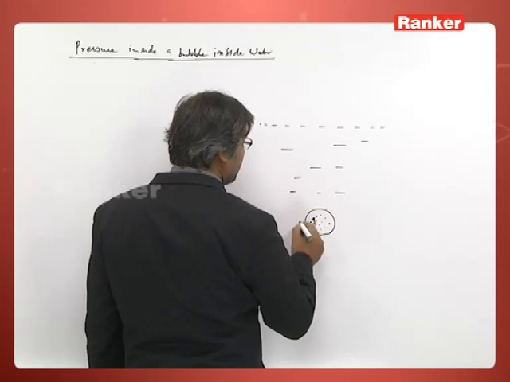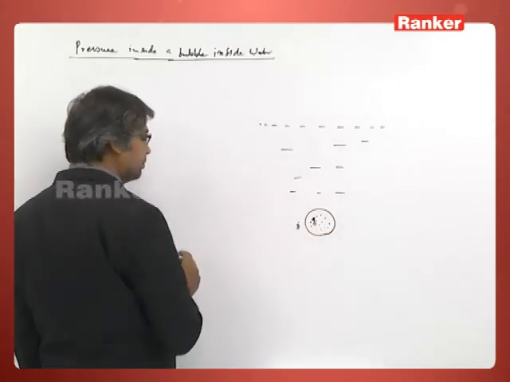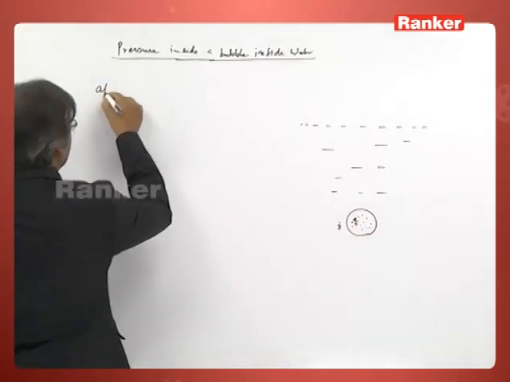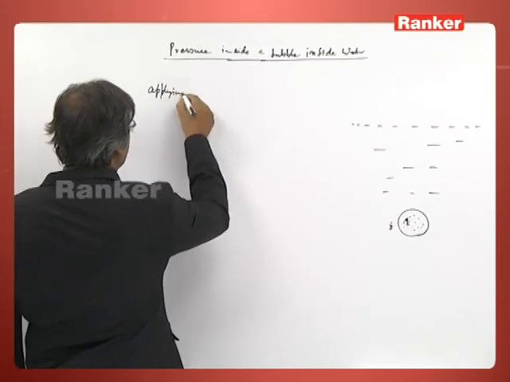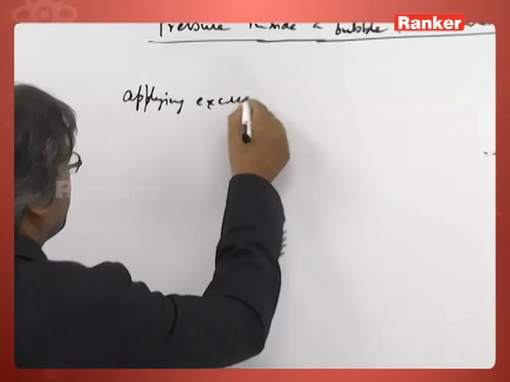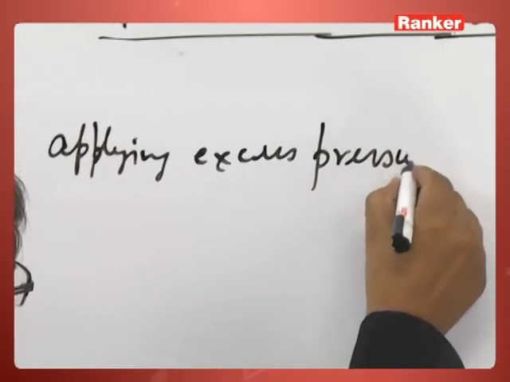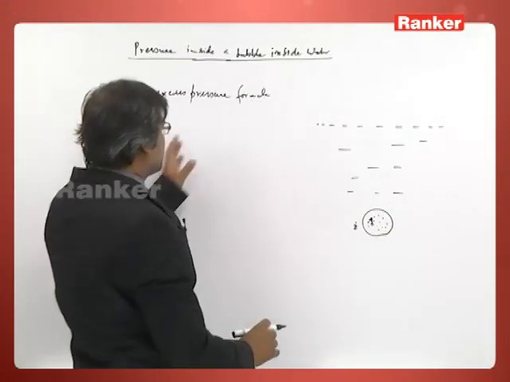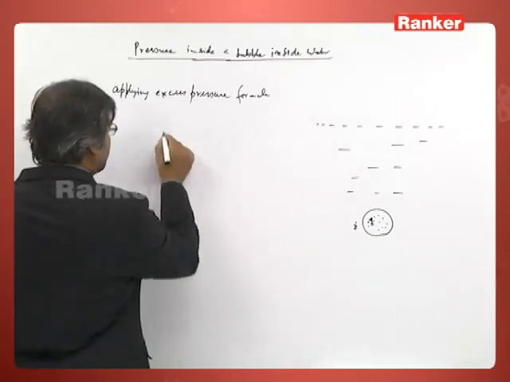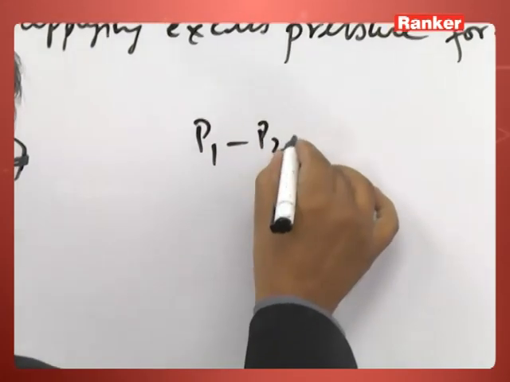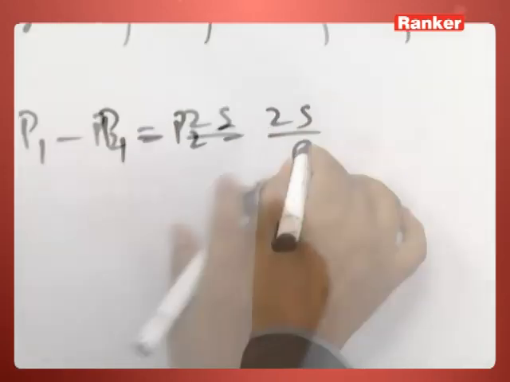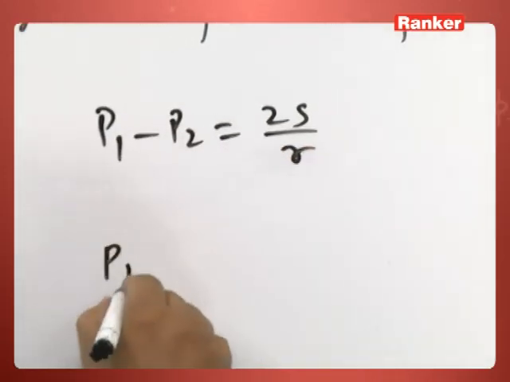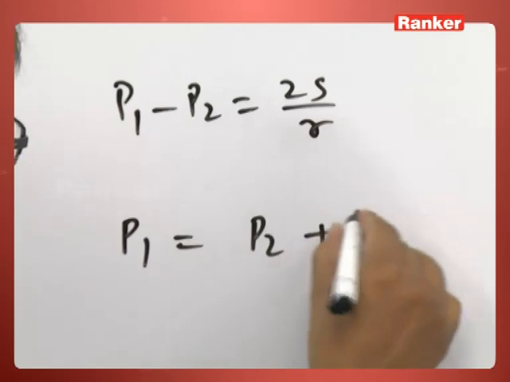So, take point 1 and another point 2. Applying the excess pressure formula, you see P1 minus P2 is equal to 2S by small r. So, P1 will be P2 plus 2S by r.